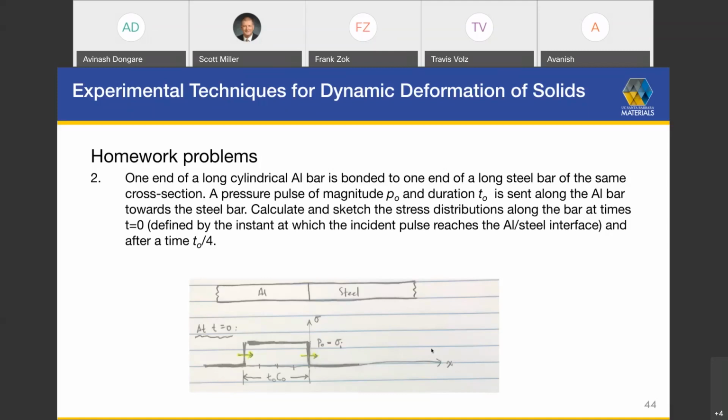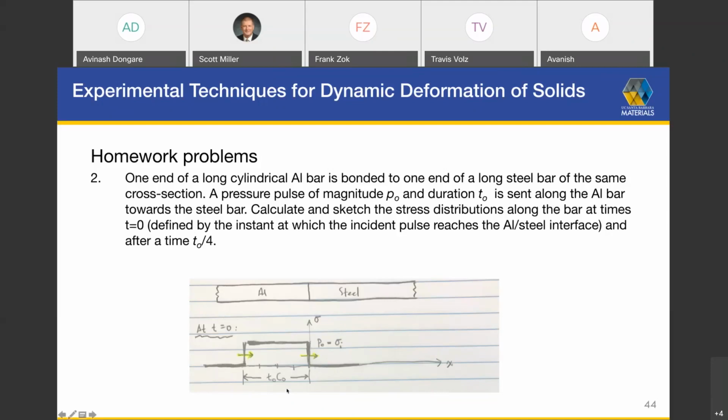So this is the picture of the stress distribution at the instant of contact. On the left side, we have the aluminum, the right side, we have steel. We're assuming for this illustration that the aluminum bar length is greater than the physical length of the pulse.